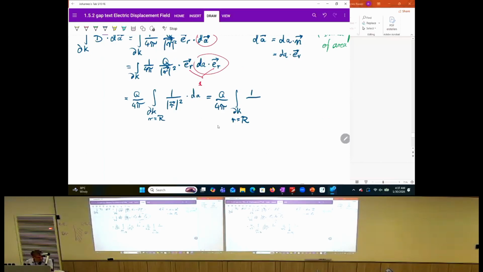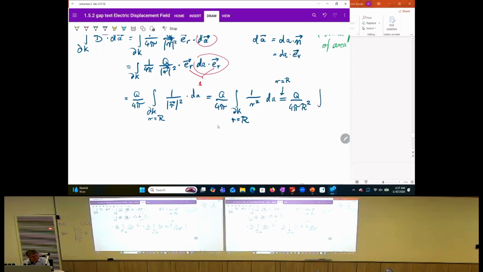So what is in the denominator is r squared. We are only interested in the absolute value here. So we can insert the fact that r is capital R, and it is also not dependent on the integration parameter, so we can pull that out too, 4 pi over capital R squared.